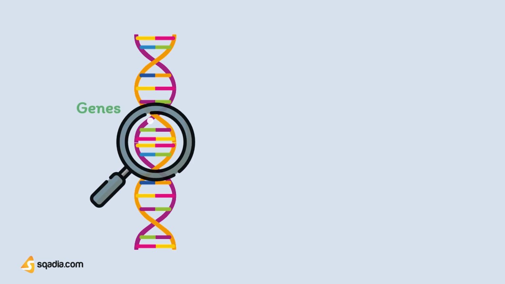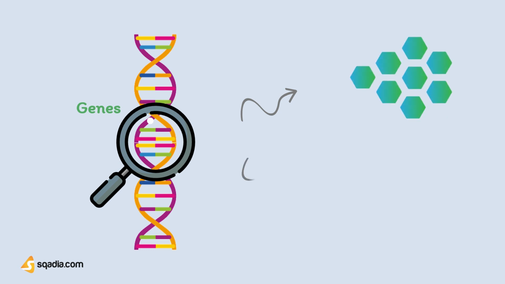Well, genes are small sections of deoxyribonucleic acid, or DNA, within the genome. These genes contain the instructions for biological molecules, usually proteins. They contain the instructions for our individual characteristics, like hair color, such as brown or black hair.